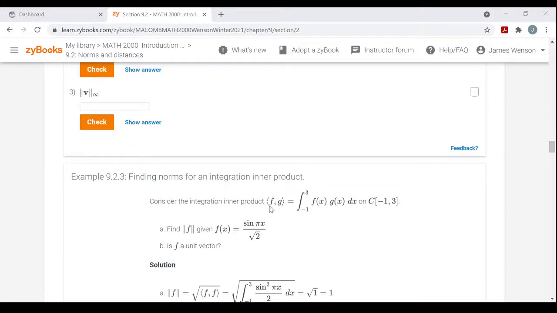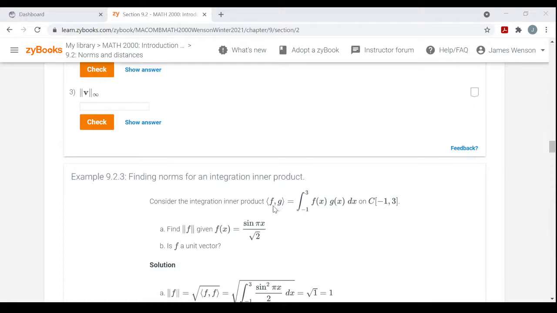Right. So here we're given an inner product on... Now this is the vector space. It's a non-Euclidean vector space, right? It's that vector space of all the continuous functions on the interval from -1 to 3. And this is that integration inner product that you saw in section 9.1.